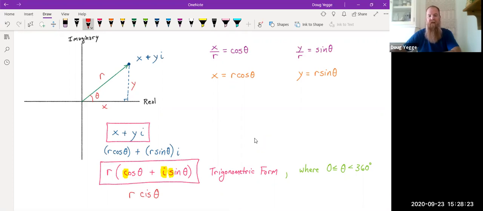This is the same exact notation, the same exact meaning, but we have r cis theta, and cis simply describes the fact that this is a complex number. Okay.